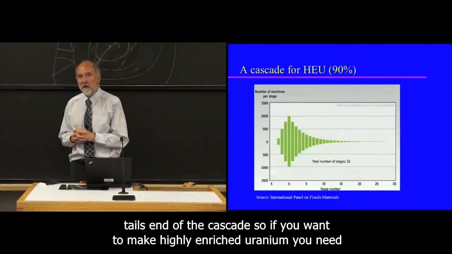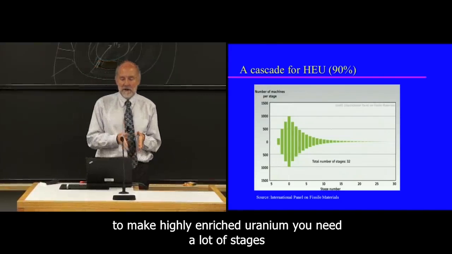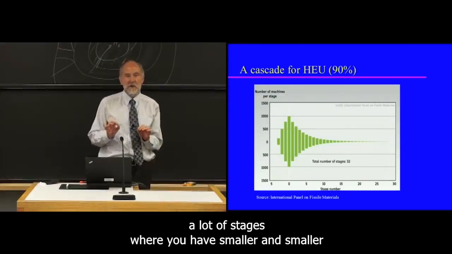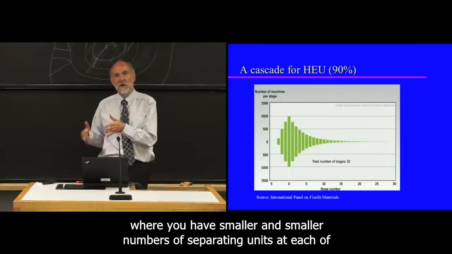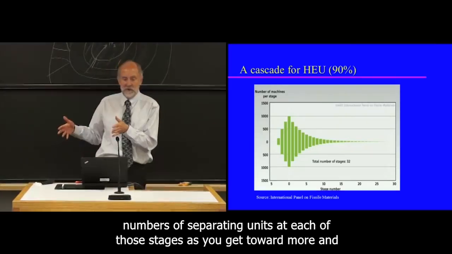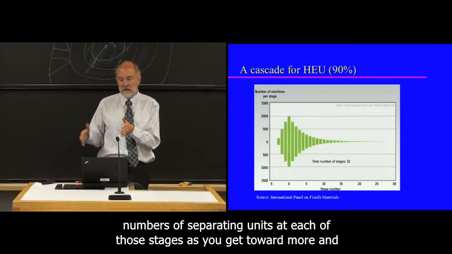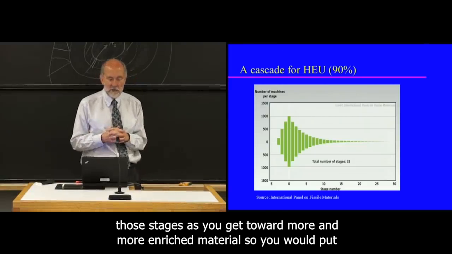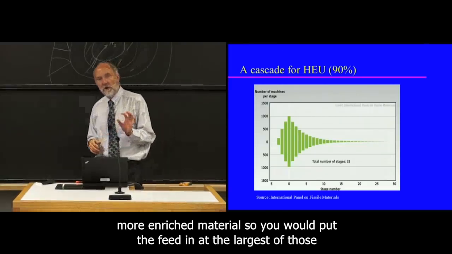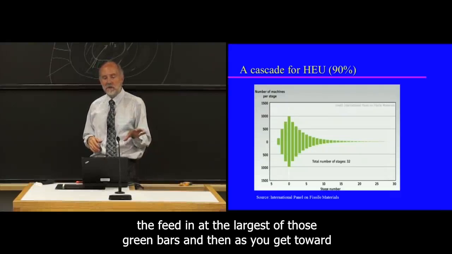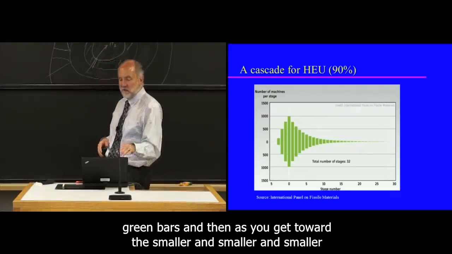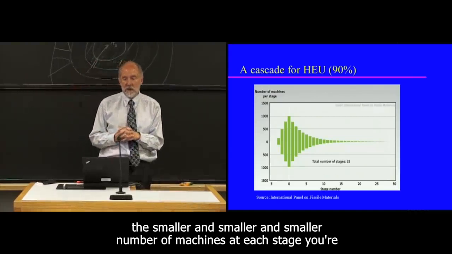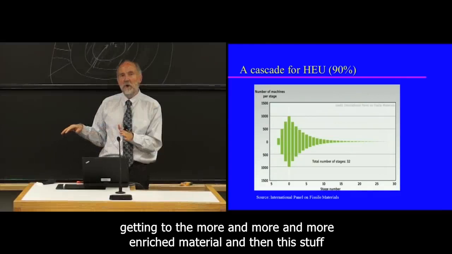So if you want to make highly enriched uranium, you need a lot of stages where you have smaller and smaller numbers of separating units at each of those stages as you get toward more and more enriched material. So you would put the feed in at the largest of those green bars, and then as you get toward the smaller and smaller number of machines at each stage, you're getting to the more and more enriched material.